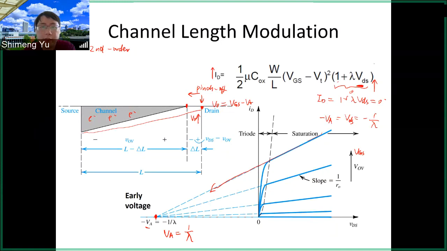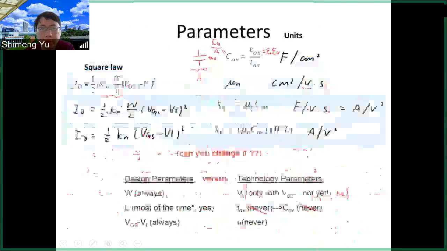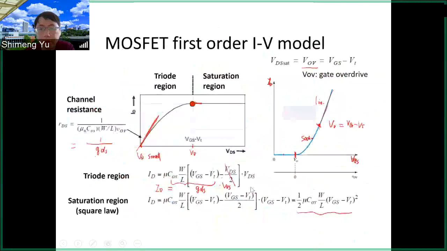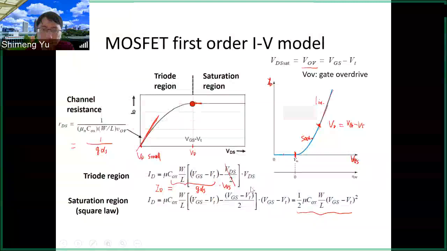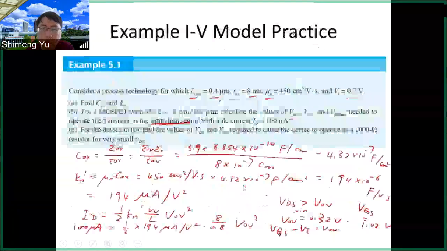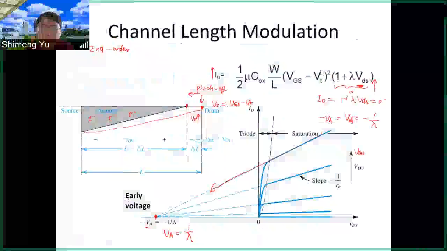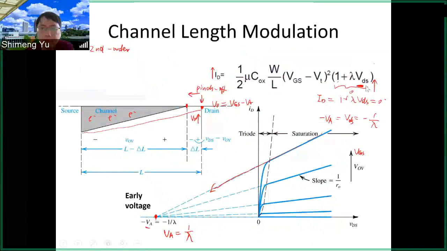Of course, if we specify that you need to consider that, then you do need to use this equation. But if we don't say anything, then you just use the first order equations as we showed before. If we don't specify, by default, you use this one. But if we say you need to consider this one, then you use this equation.